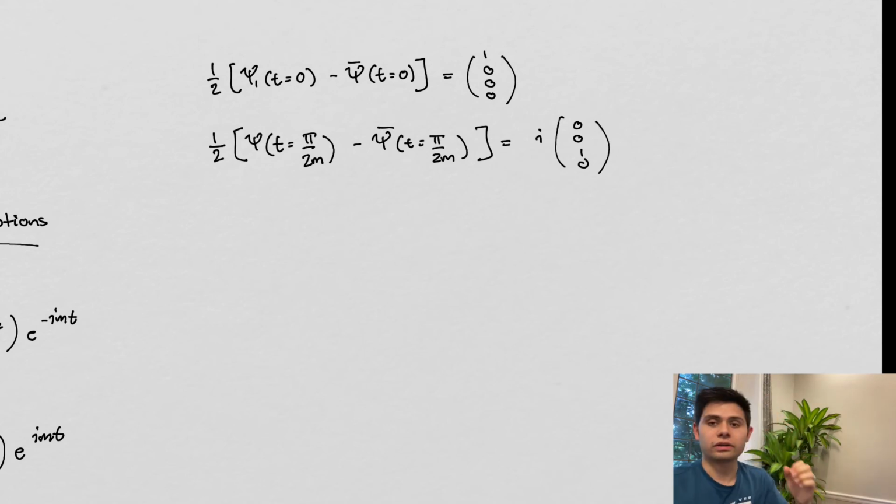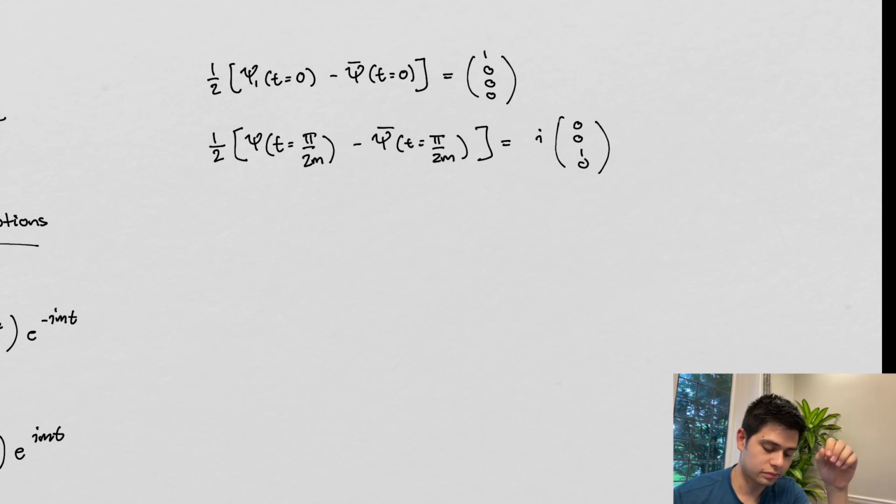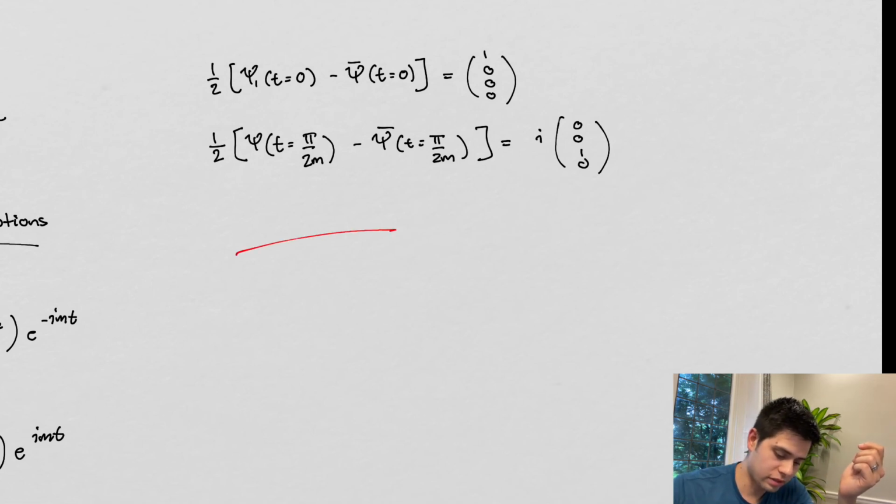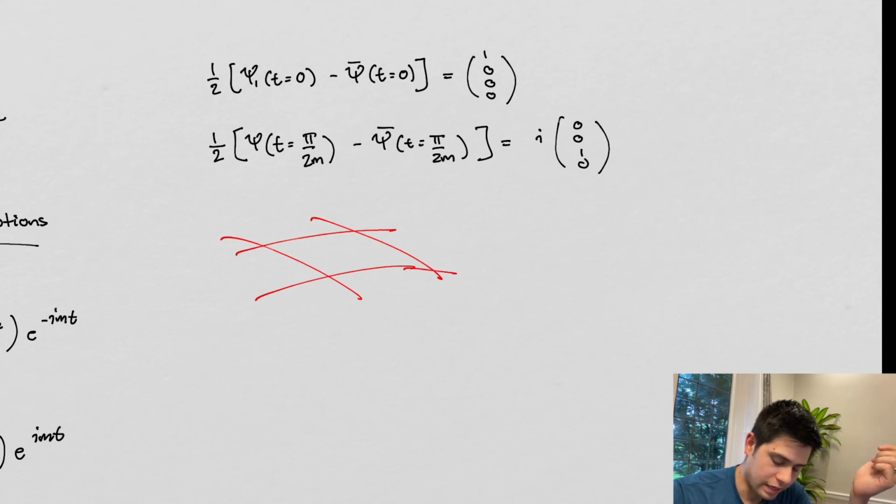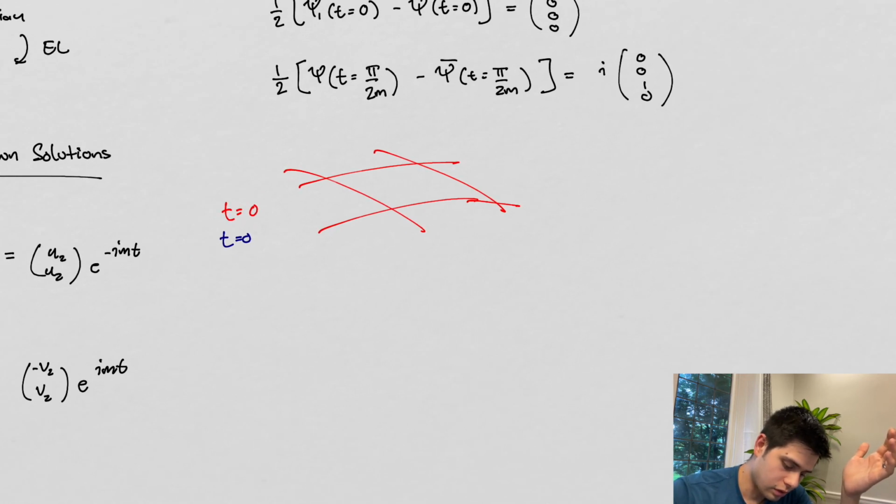So what we're doing, well, this is actually pretty interesting. We've found that the difference between the spinor field, say this is our real spinor field, at time equals 0, or at time equals whatever, and we also want to do it at t equals 0 for these, these are our two solutions.